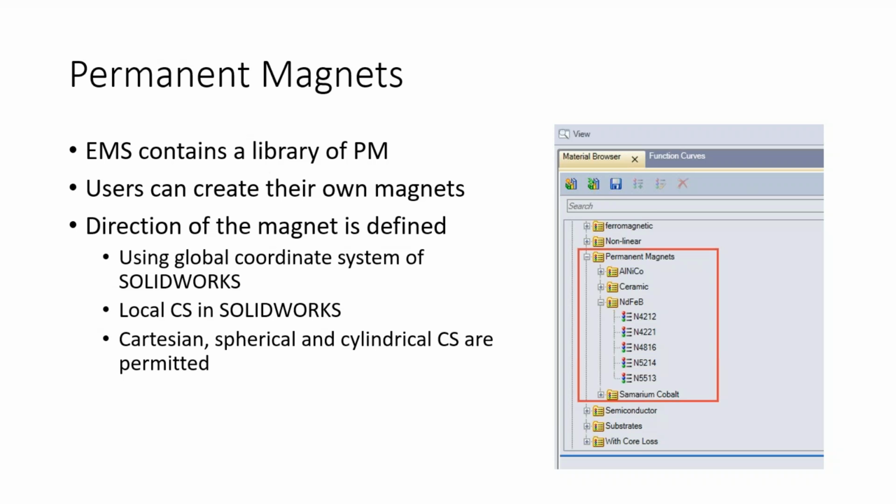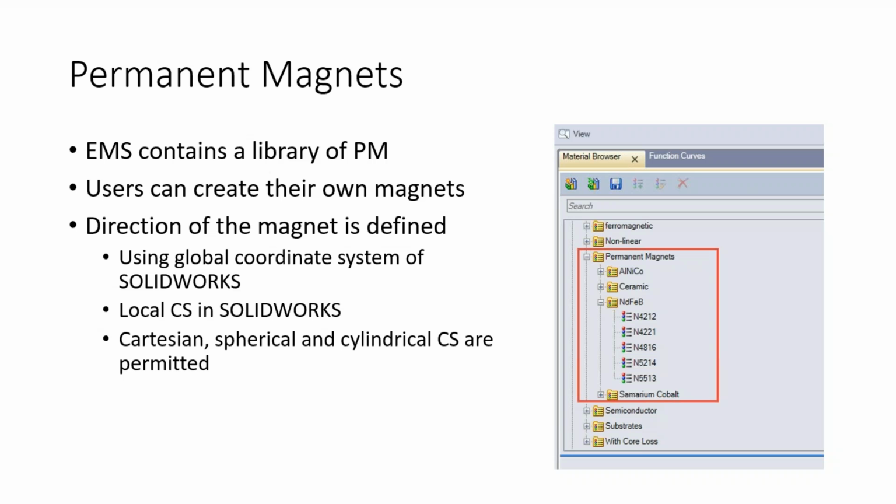The material library contains a small sample of predefined permanent magnets, categorized according to type, for example, alnico, ceramic, neodymium based magnets, and samarium cobalt.